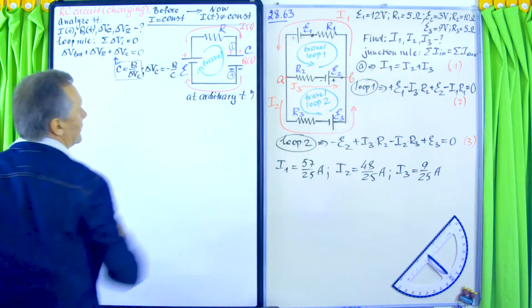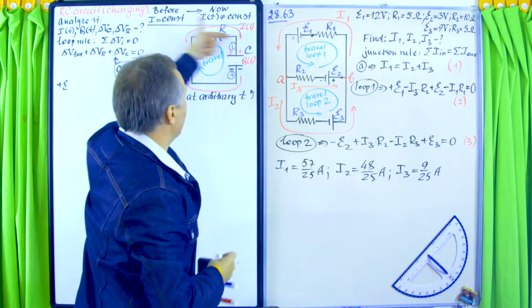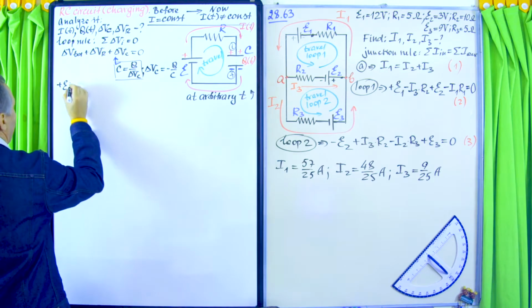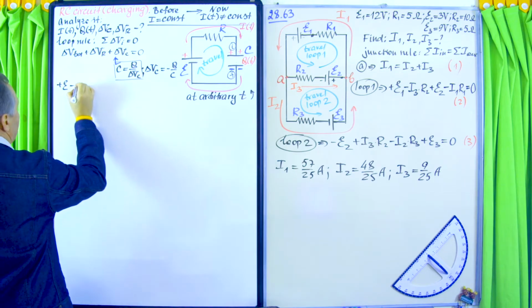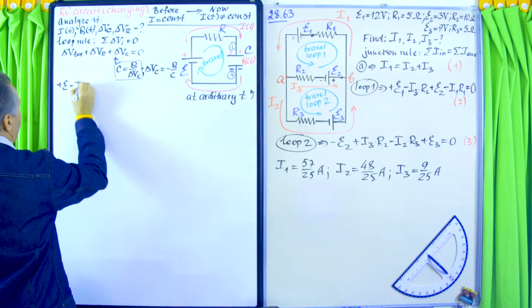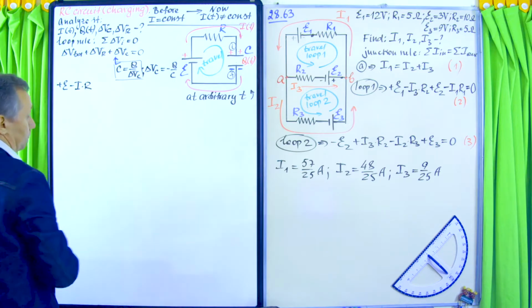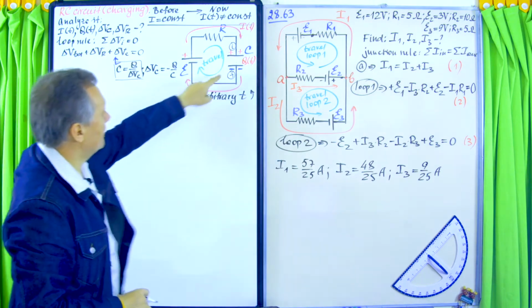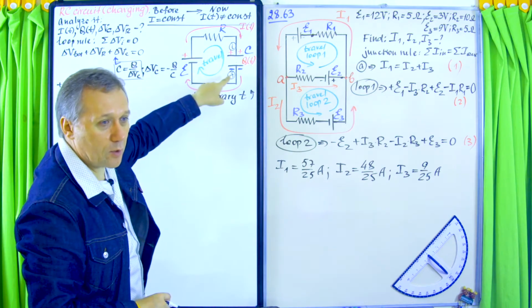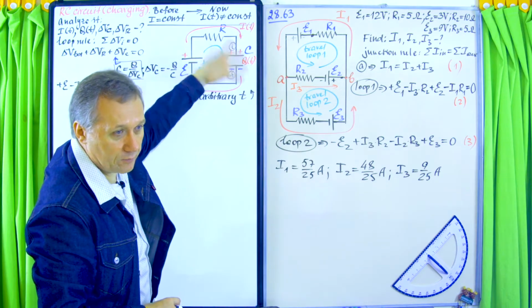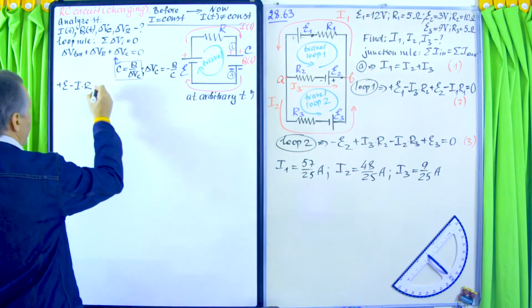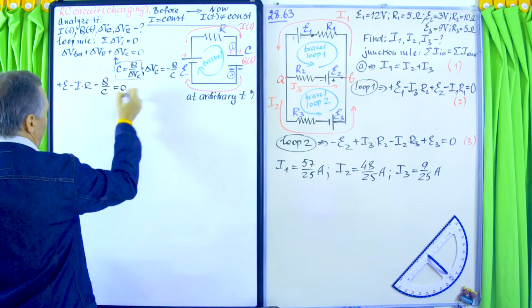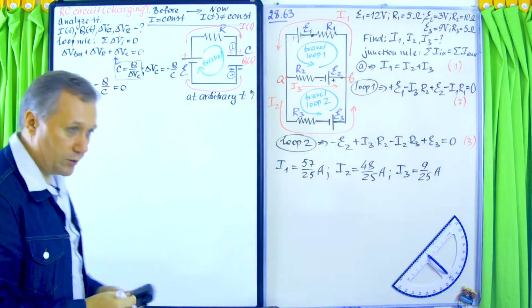Then across the resistor, travel direction and current direction are the same, so contribution must be negative, minus I times R. Then across the capacitor we just discussed, final point minus initial, lower potential minus higher potential, contribution is negative, so it will be minus Q over C. And it must be equal to 0. Okay, so that's the equation.